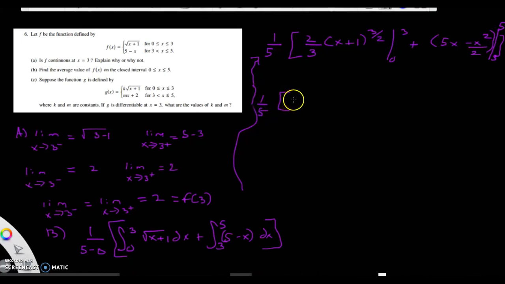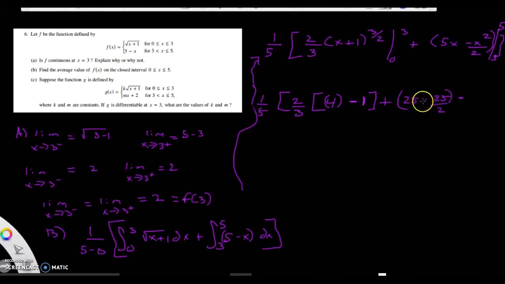So you're going to get 1/5. Let's pull the 2/3 out and do another bracket. When you plug in 3, you're going to get 4 to the 3/2, minus, plug in 0, you're going to get 1. Plus, plug in the 5, you're going to get 25 minus 25/2.